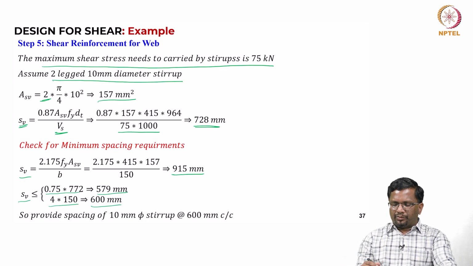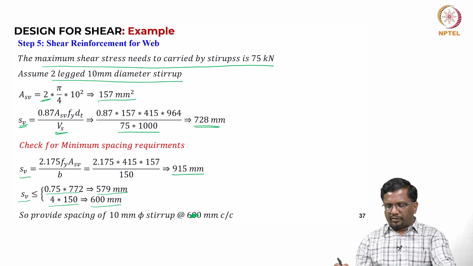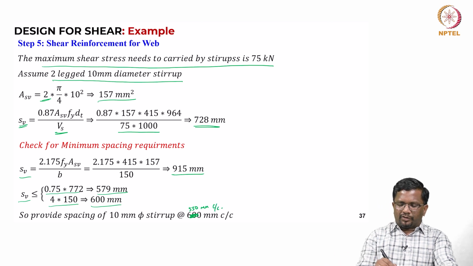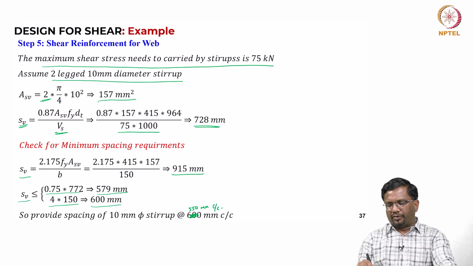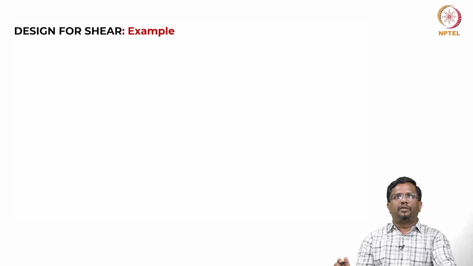It should be less than both, because it has to satisfy both conditions. You have to take the minimum, which is 579. So, either you can put 10 mm diameter stirrups at 575 or 550 millimeter center to center.